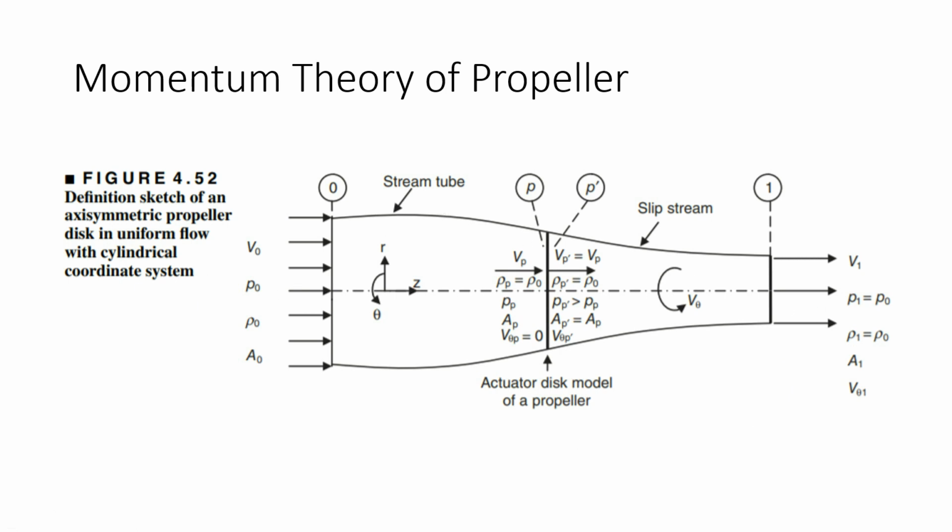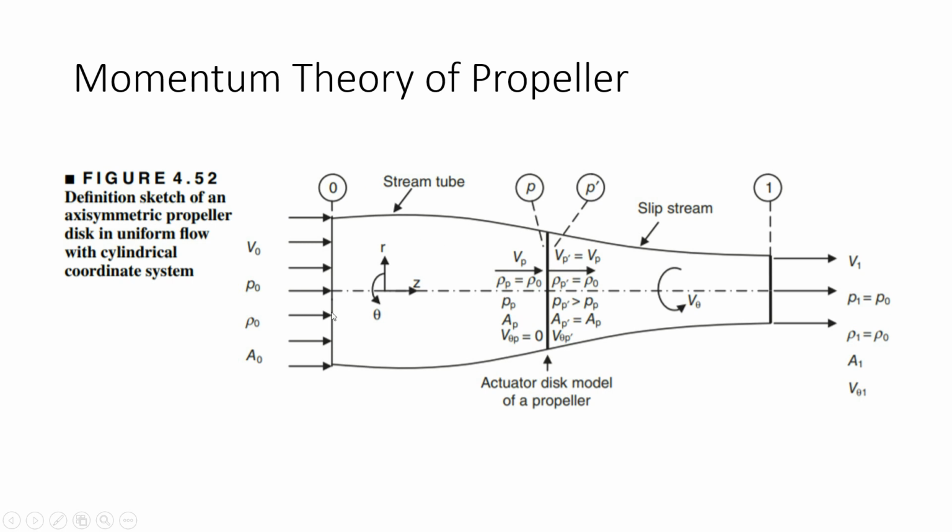It is not addressing any other issues, such as whirling flow, or how the velocities are differing, and what are the different drag elements that are being imposed on a propeller. All this it won't address. It is just simply saying how much momentum you can generate for a given diameter of a propeller.